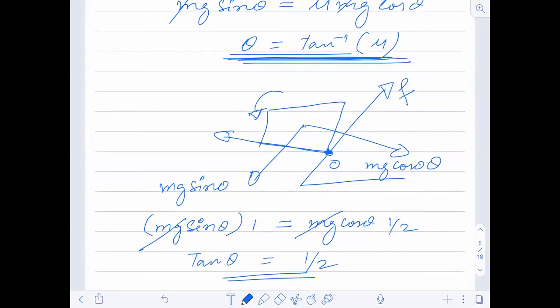This will be the value of mu. So this is the solution for this question.